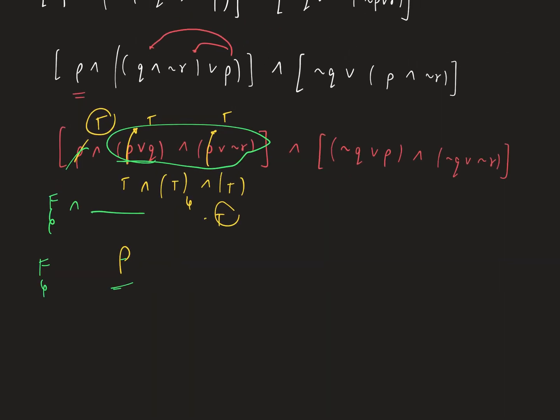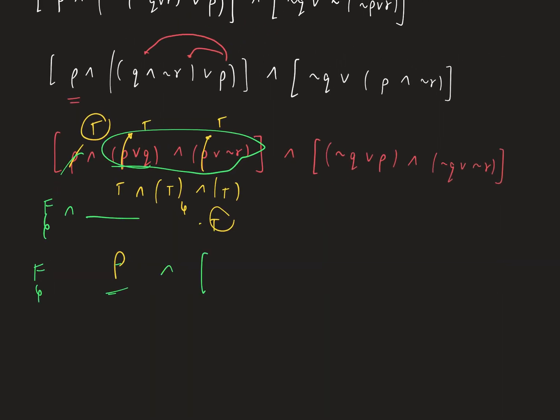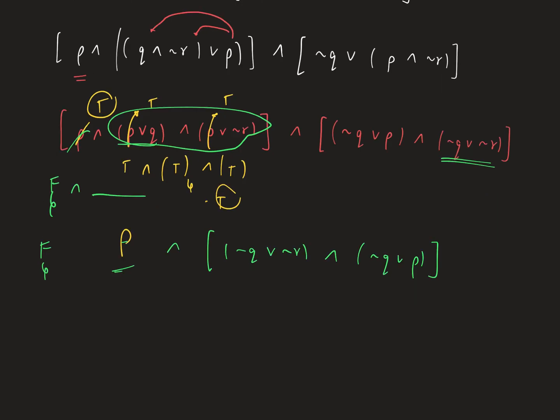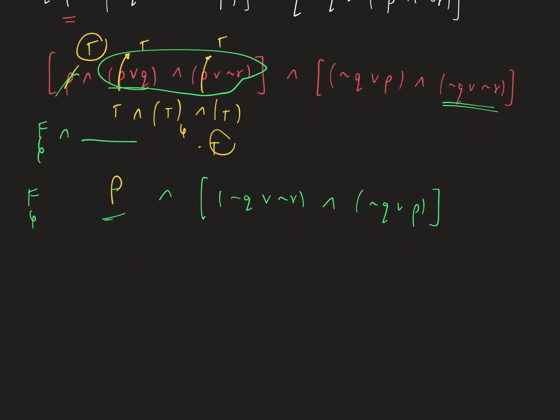And then let me rewrite the second one. So, well, I'm going to bring this group first, and I'll show you why later. And not Q or P. And since the connectors between each group is an and, I can remove the parentheses.